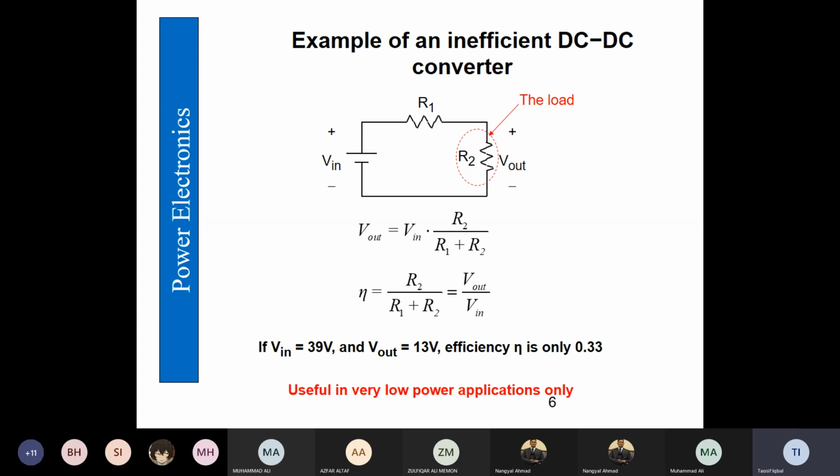So therefore the ratio is very small, and the current is very small, and therefore in those cases we are not actually concerned about the power. We are only concerned about the voltage information, and based on that we are designing a control system.